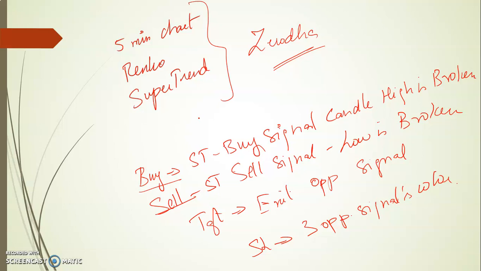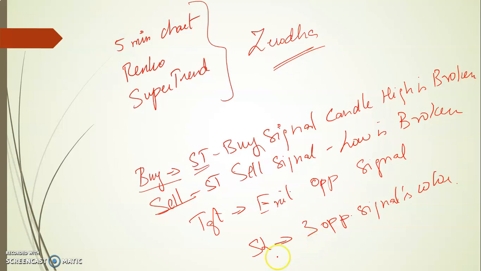So to reiterate the strategy: buy when you get the Super Trend buy signal and the signal candle high is broken. Sell when the Super Trend gives sell, and the signal low is broken. For the target, when you get the reverse direction, exit the position.